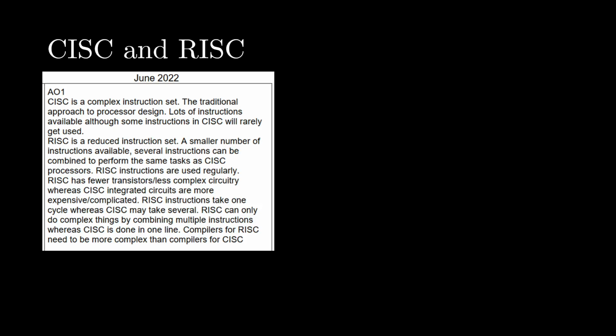Compilers for RISC need to be more complex than compilers for CISC. This might seem counterintuitive at first, because we're saying, okay, how is the reduced instruction set more complex than the complex instruction set? But if you think about what the job of the compiler is, it's literally just translating the source code.